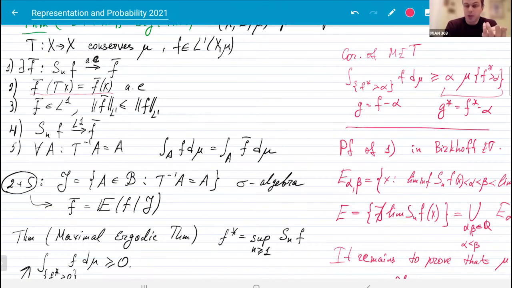And the third question is, okay, maybe there is one measure which is invariant, but maybe there are several measures. So what is a natural situation? These are the questions I would like to start discussing today, and we will continue next time.